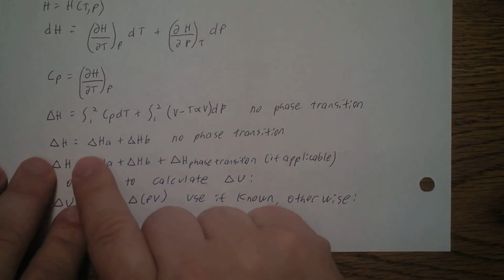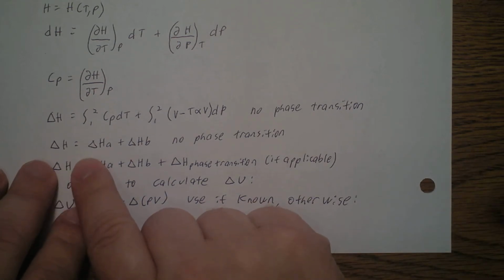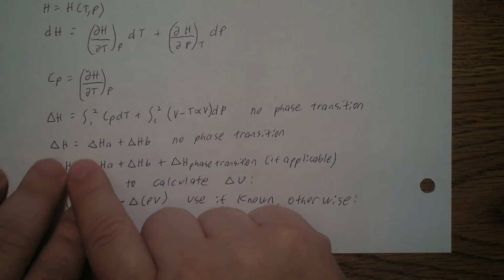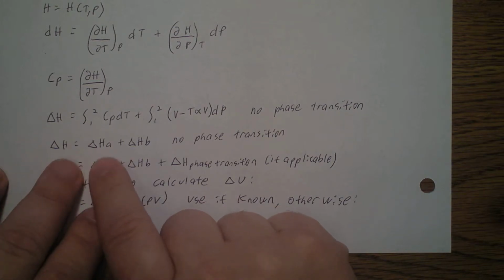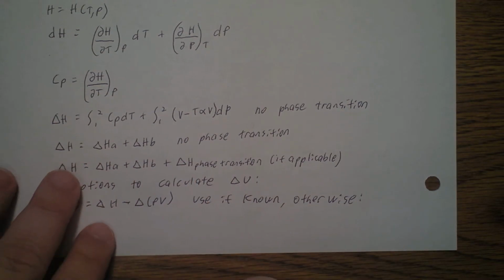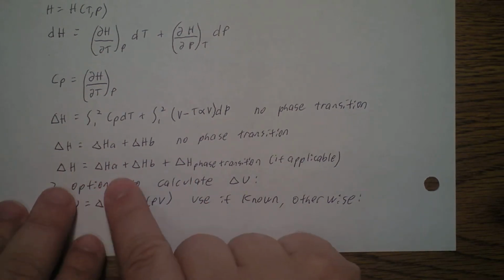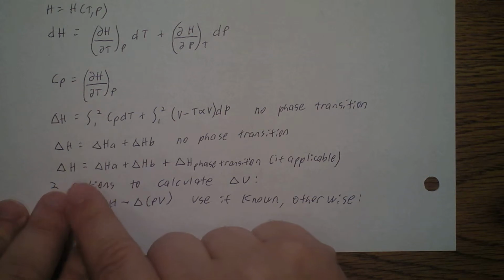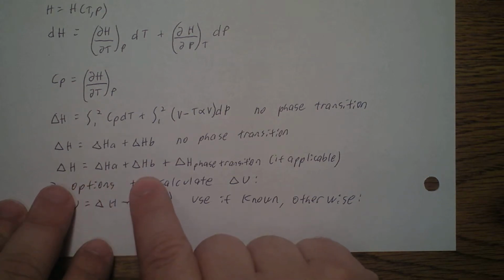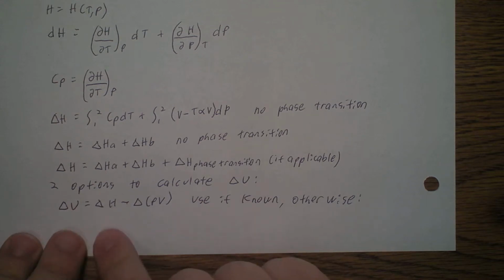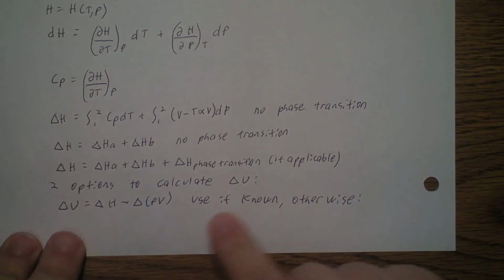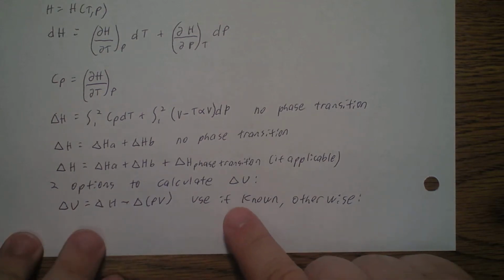The change in enthalpy, remember, if we divide it into steps A and B or whatever, since enthalpy is extensive, we can just add up the enthalpy for step A and the enthalpy for step B, etc. So if there is a phase transition, then you do the enthalpy for step A, enthalpy for step B, enthalpy for phase transition, etc.